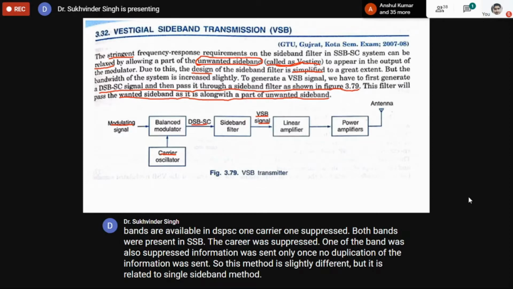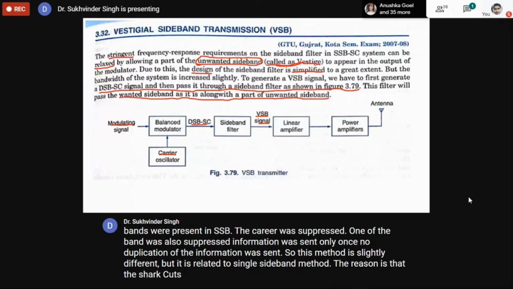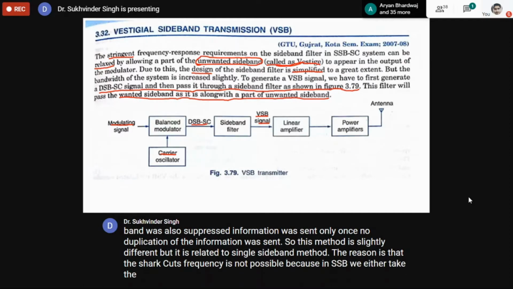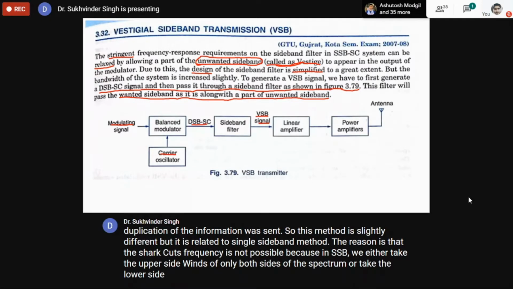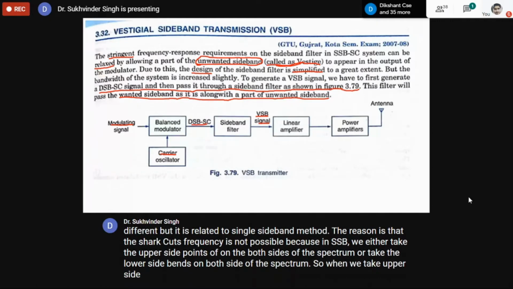The reason is that a sharp cutoff frequency is not possible, because in SSB we either take the upper sidebands on both sides of the spectrum, or take the lower sidebands on both sides of the spectrum. So when we take the upper sideband or the lower sideband, there is a sharp frequency cut which decides that this is the upper sideband and this is the lower sideband.